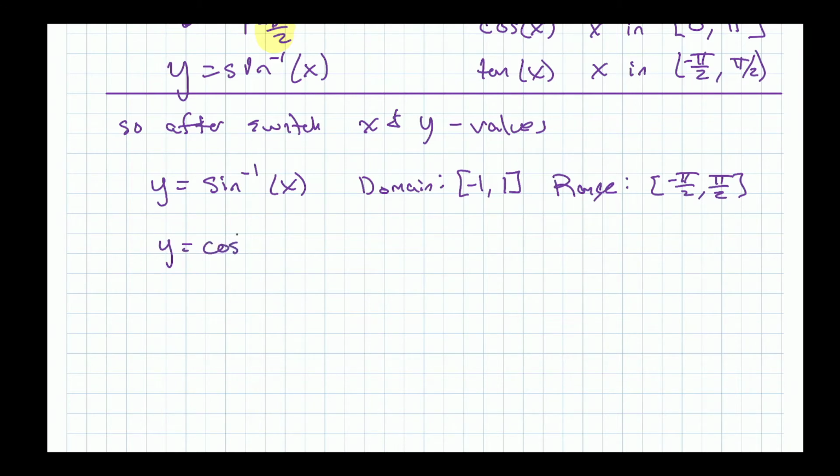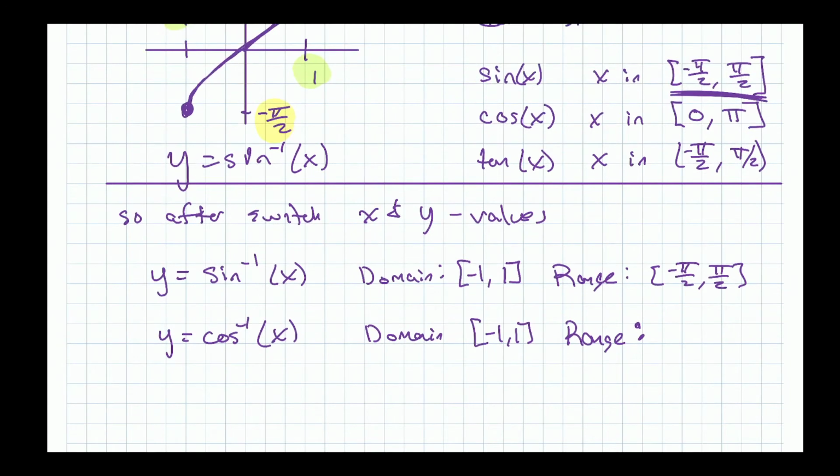For the cosine inverse, the domain is going to be negative 1 to 1 again, and the range, the y values, for cosine inverse is going to be the domain of cosine. So 0 to pi, that should be square.